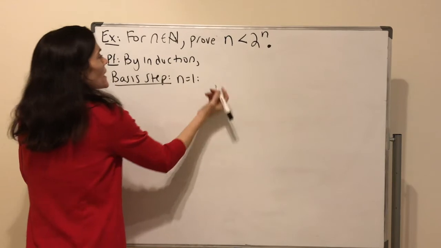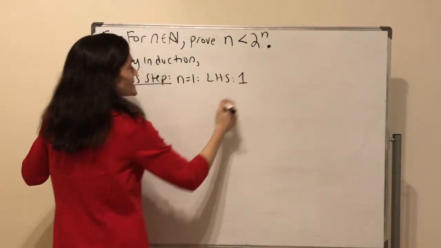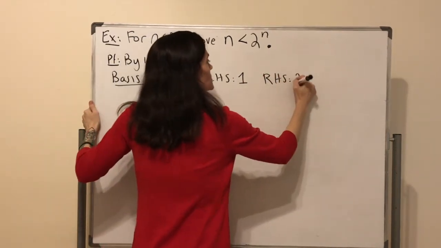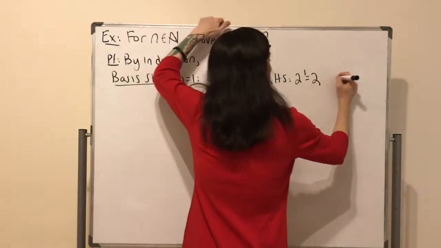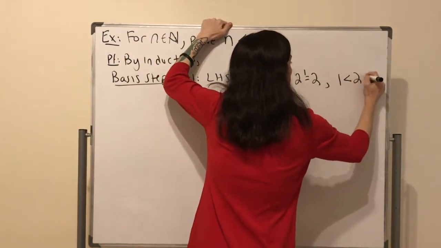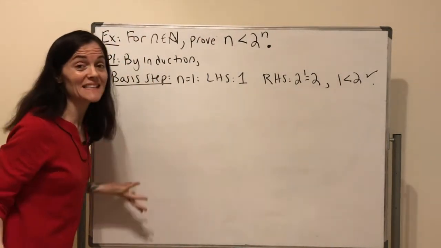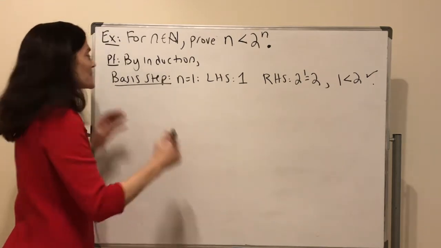We verify. Well, the left-hand side is 1, it's just n. And the right-hand side is 2 to the 1, which is 2. And it's definitely the case that 1 is less than 2. Okay, so this is all that I really need for my basis step. Like I said, it's typically a verification.